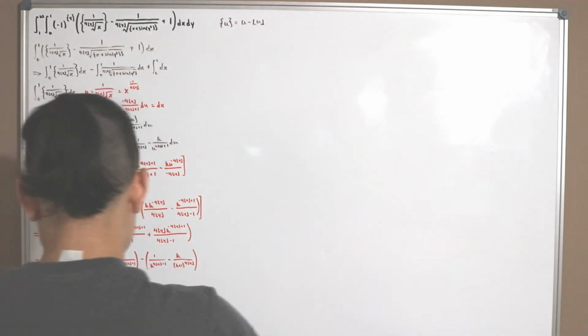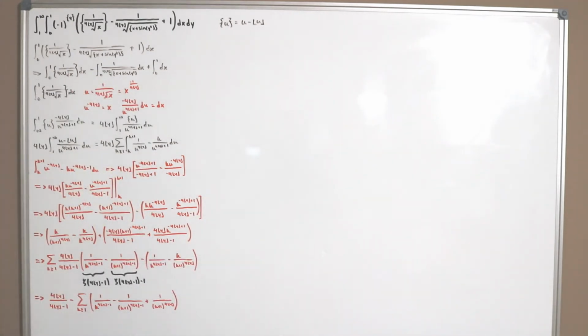So, coming back to here, what you'll notice, just like before, is that this is equivalent to the Riemann zeta function of 4 floor y minus 1.